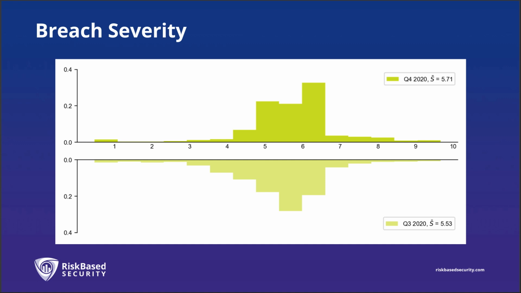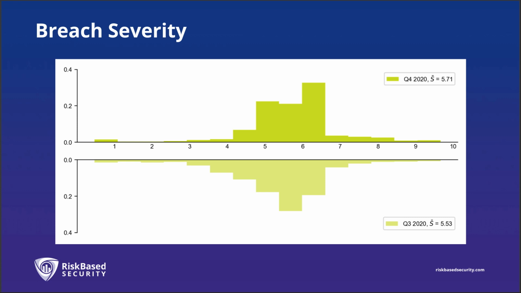And what we have seen since the beginning of the year is a steady increase in average severity. We started out 2020 in the neighborhood of about 4.4 as an average severity score for the first quarter. That ticked up in Q2. Q2 came in, I think, in the low 5 range. That ticked up again in Q3. Q3 bucked the trend a little bit.